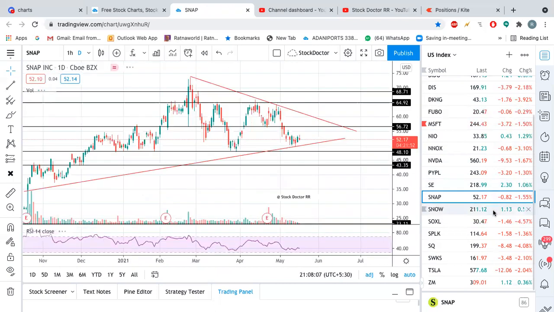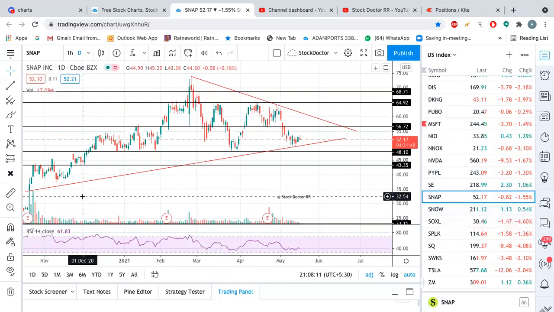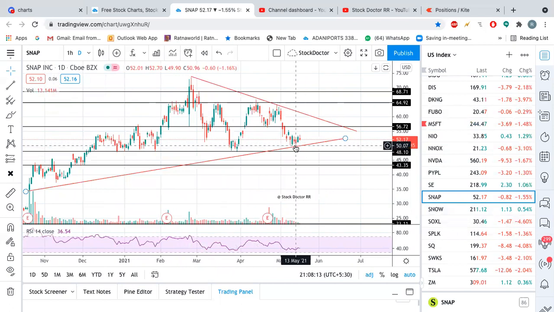The next stock is Snap. So for the Snap, you can see the long-term trend line support is in this zone, 48 to 52 is a good support zone formed for the Snap. And resistance, I can see it's towards 56.5 and then $65.